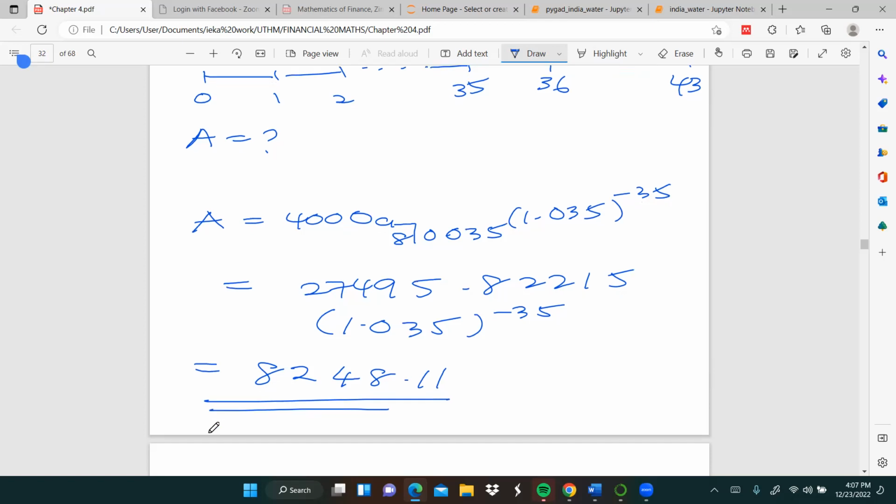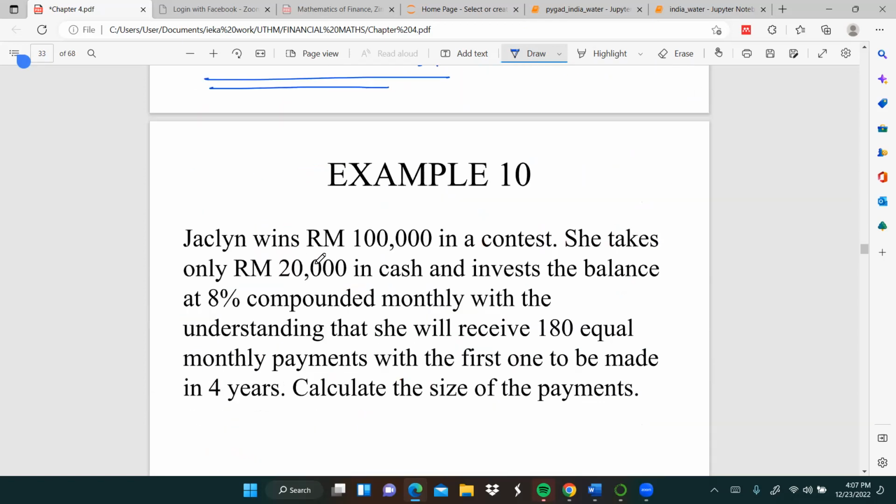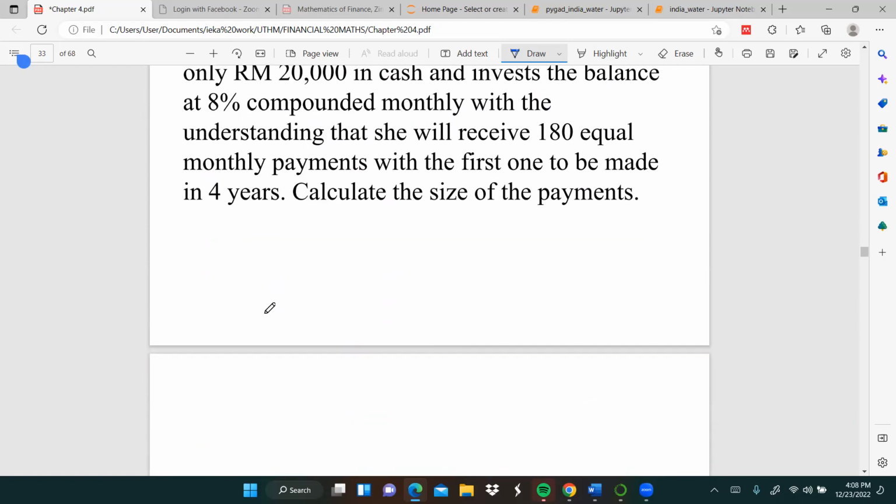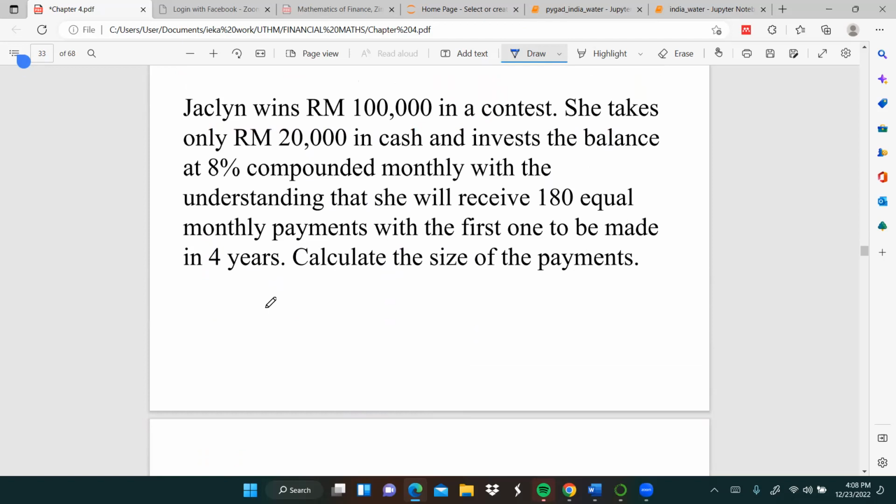And then next we will see Jacqueline wins 100,000 in a contest. She takes only 2,000 ringgit in cash and invests the balance at 8% compounded monthly with the understanding that she will receive 180 equal monthly payments with the first one to be made in 4 years. Calculate the size of the payments. Okay, compounded monthly.